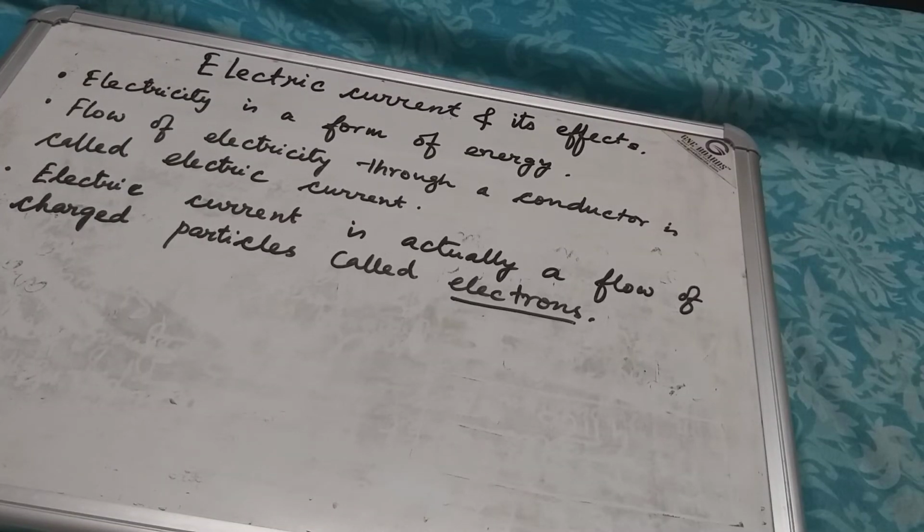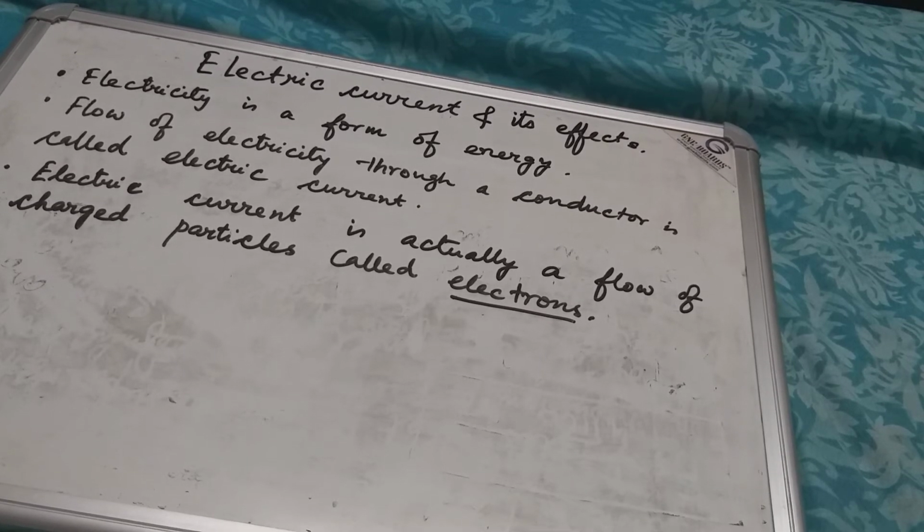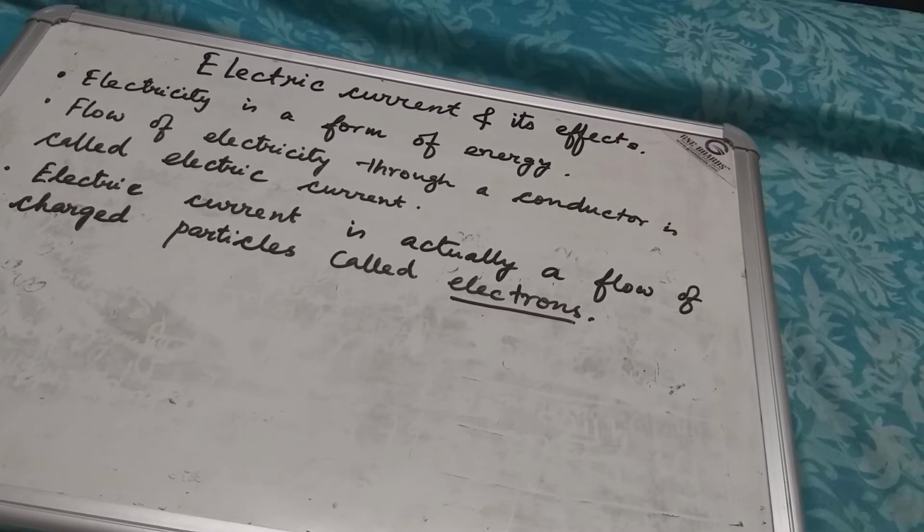Now, you all may ask, for performing the experiments, what source of electric current shall we use? We will definitely not use the direct electric power supply line, which has a very high voltage, that is 220 volt. So what source of electric current shall we use?